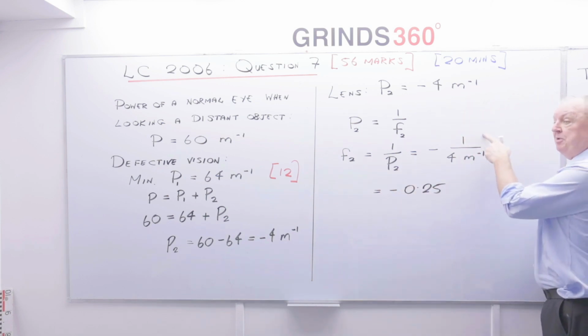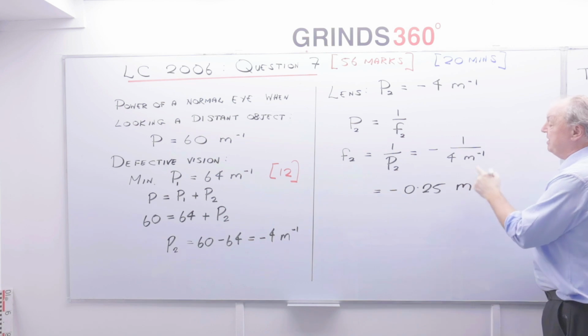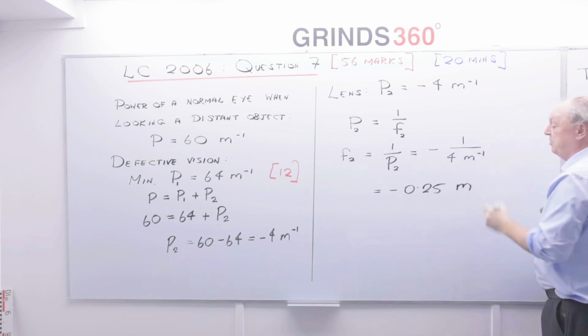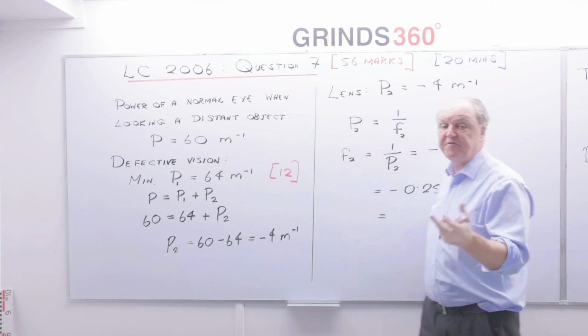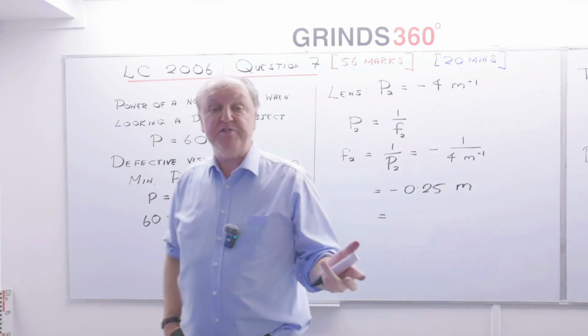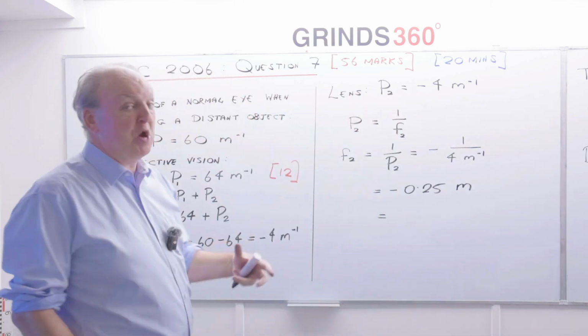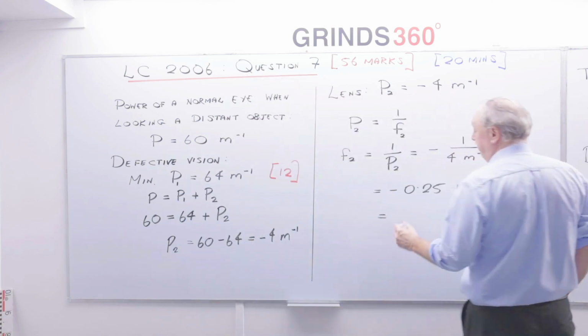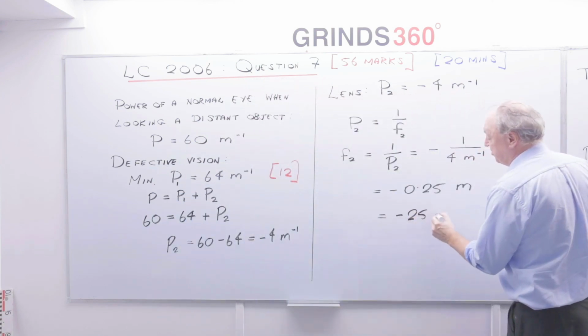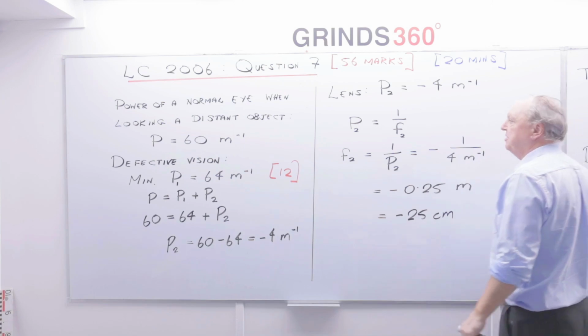Bring the meter up, and that becomes meters. There's minus 0.25 meters, which is fine as your answer. But if you want to turn it into centimeters, which we often do when we deal with lenses, that would be minus 25 centimeters. So either answer will do in that case.